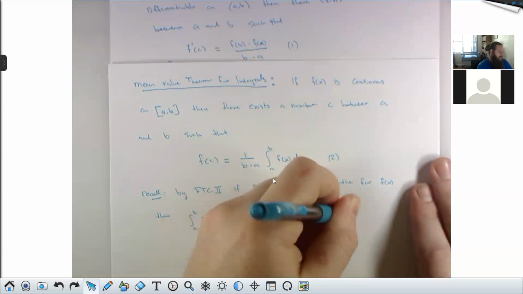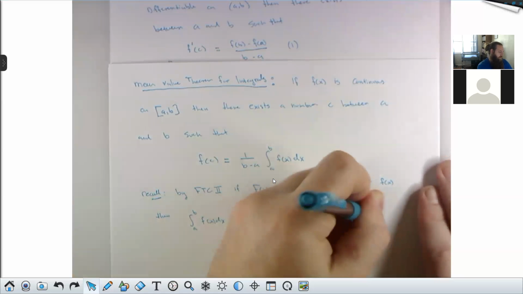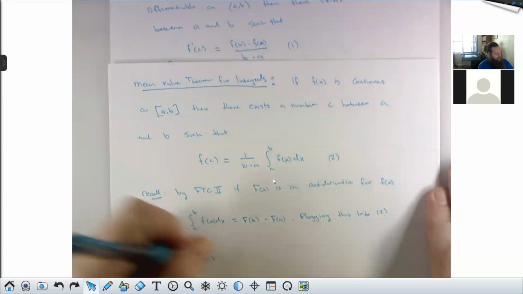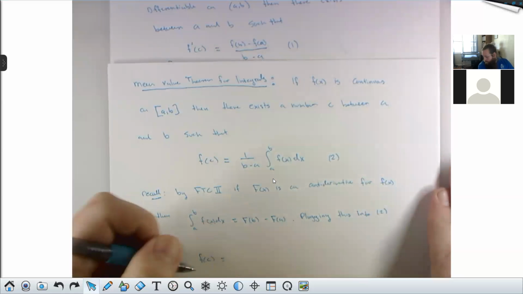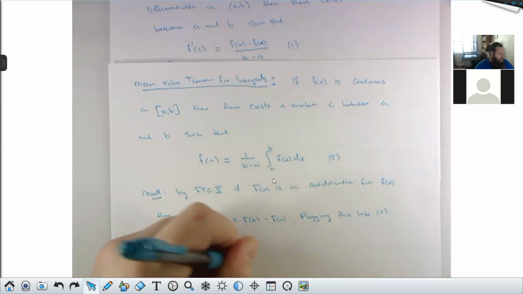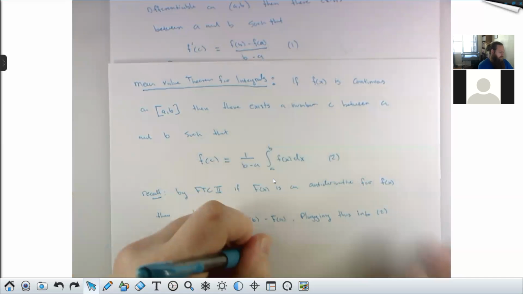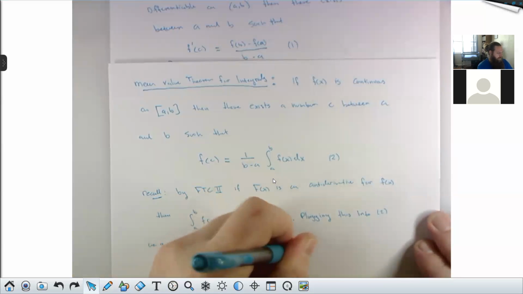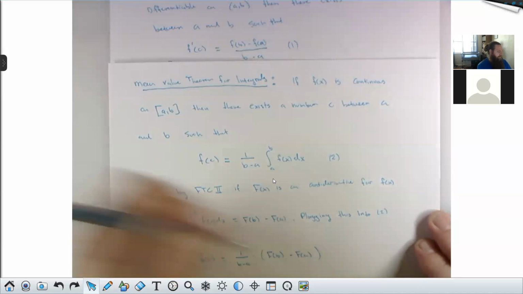Plugging this into equation 2, we get f of c is equal to 1 over b minus a times capital F of b minus capital F of a.